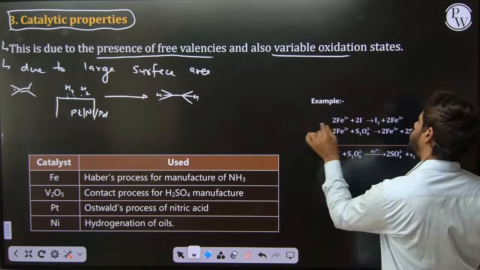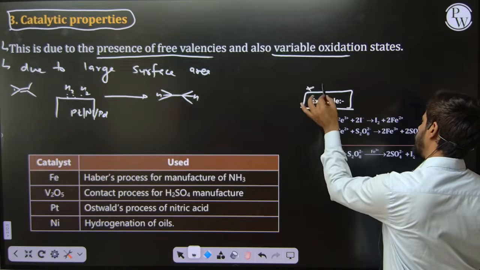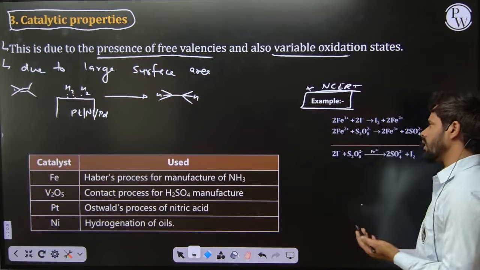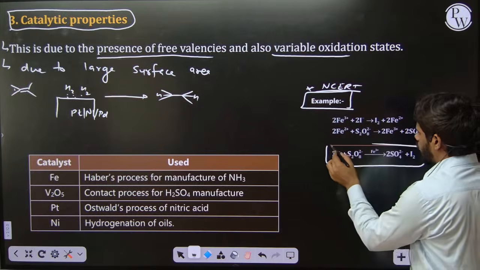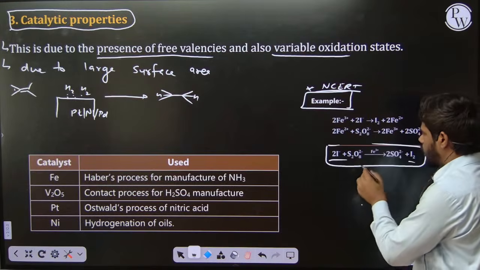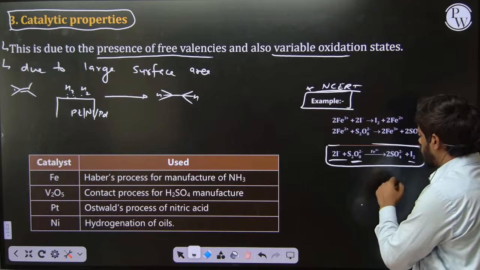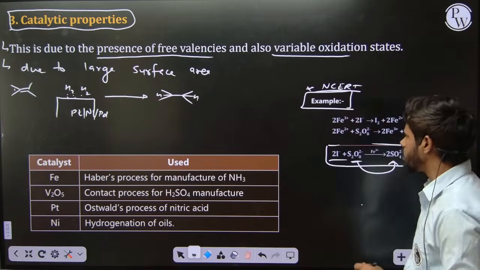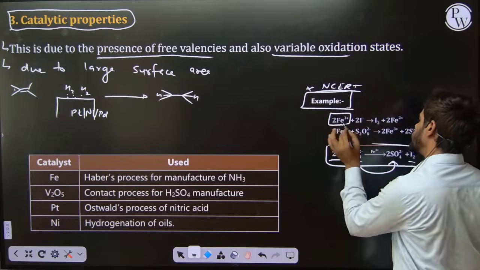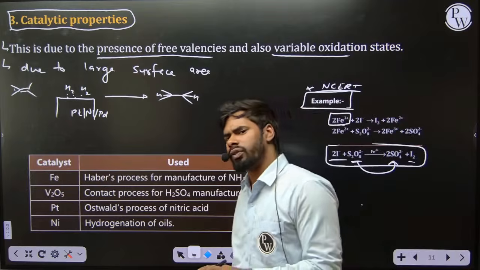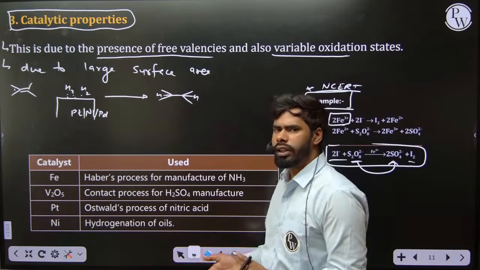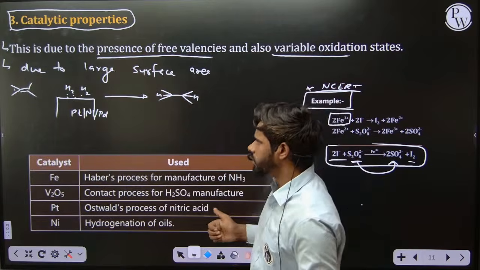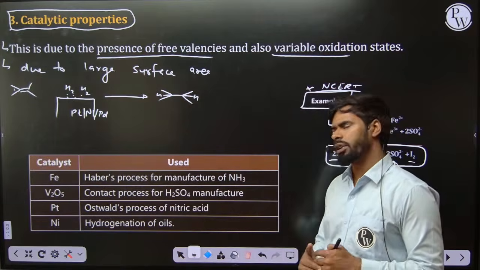Another very important example is given in the NCERT. So what is the reaction? Here it is given that iodide is converted into iodine, and persulfate is converted into sulfate. So what happens basically is that Fe2+ is used here, and as we know the catalyst is involved in the reaction, but after the reaction it gets separated.